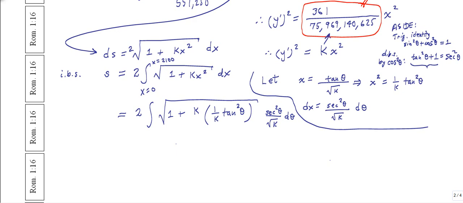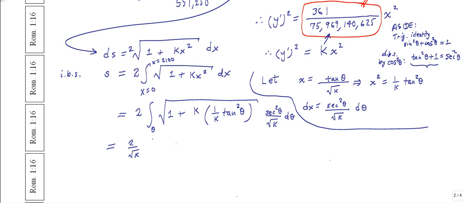All right, so therefore, we get here, this is equal to, the root k on the bottom there is a constant, I'll pull it out. And by the way, I'll put a little placeholder here of theta just to remind us that the limits of integration changed between the former step and that one that we just did.